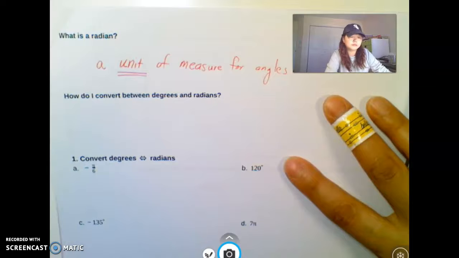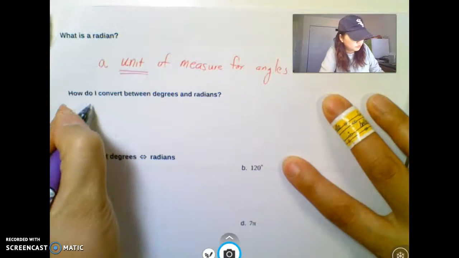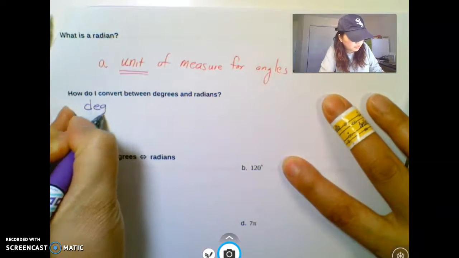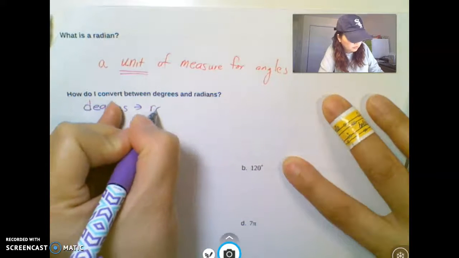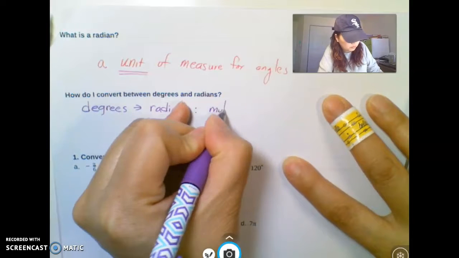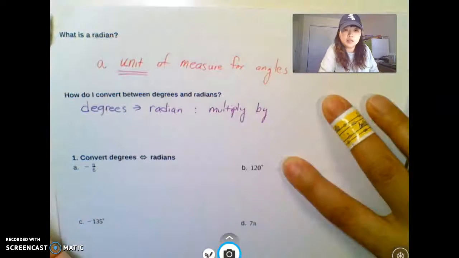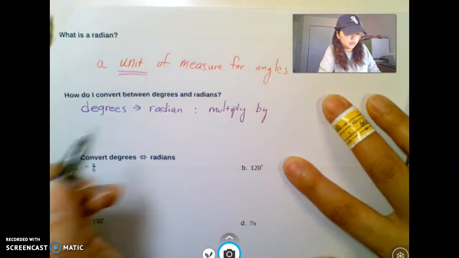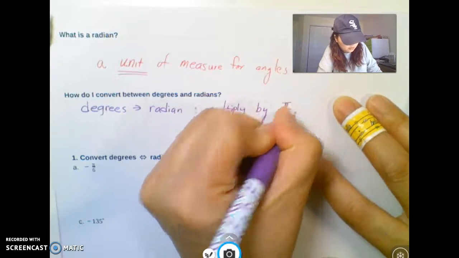So how do you convert from degrees to radian? Well, since we are really used to degrees, this is how we go from degrees to radian. All you have to do is multiply by pi over 180 degrees.